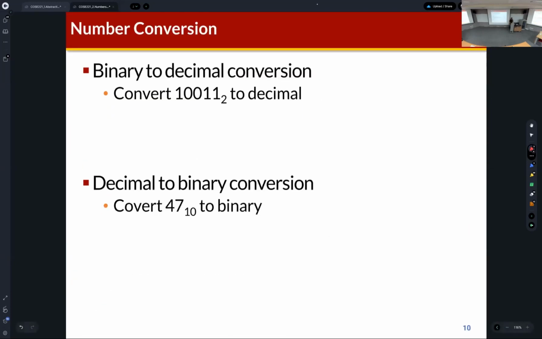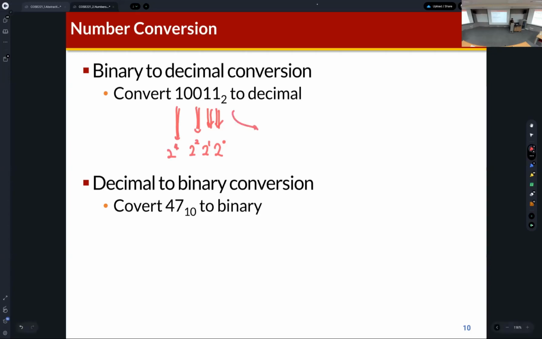And then number conversion. It's also easy, right? How to convert a binary number to a decimal number. We already know that each digit represents a power of 2. So this digit represents 2 to the 0, this digit represents 2 to the 1, then 2 to the 2, then this is 2 to the 4, right?